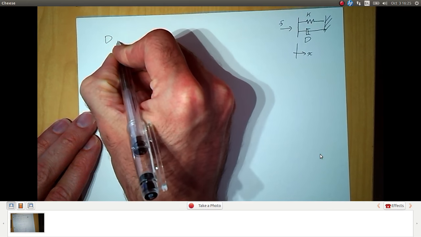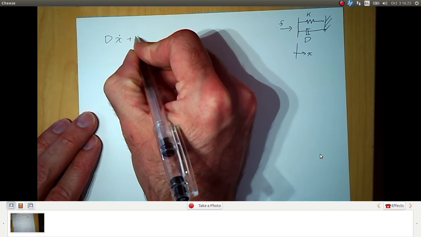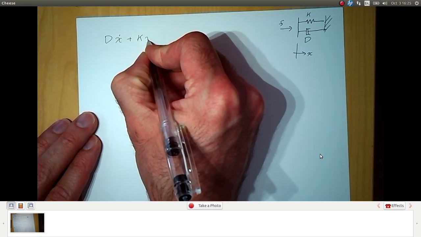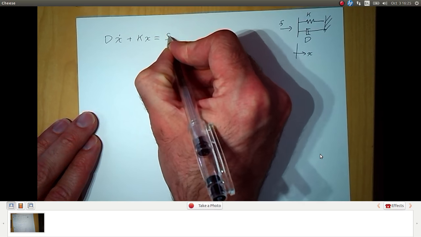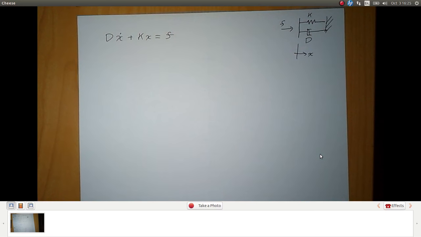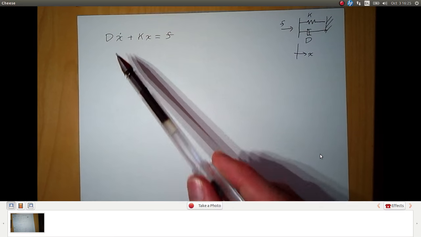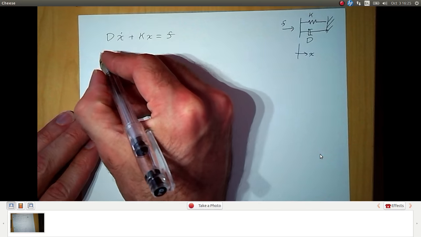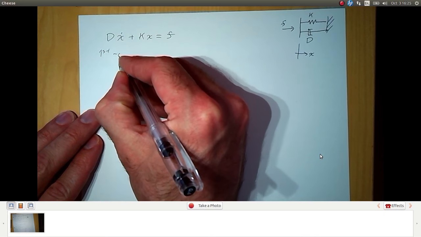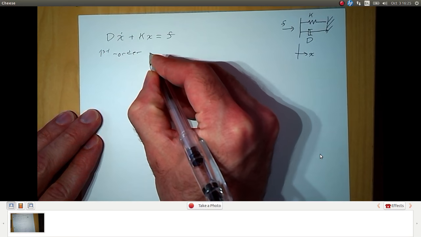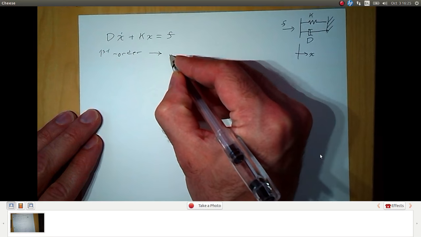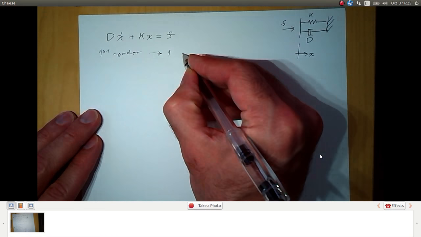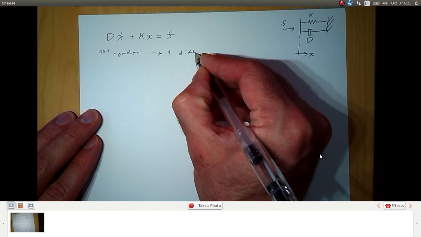We have that the damper constant times the velocity plus the spring constant times the displacement is equal to the force. So this is a first order system, and therefore we just need one differential equation.